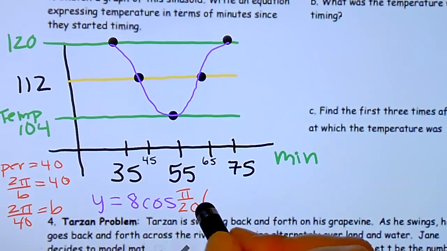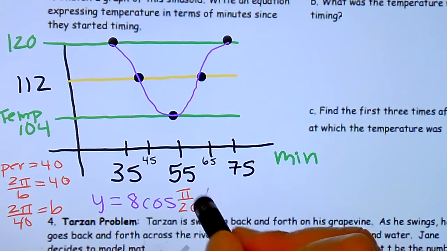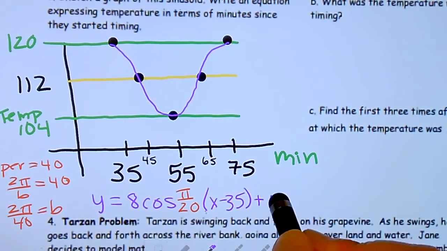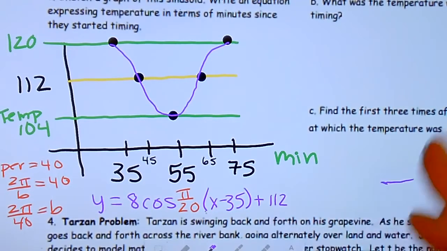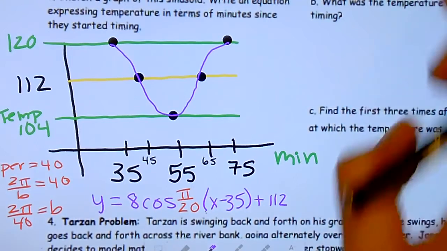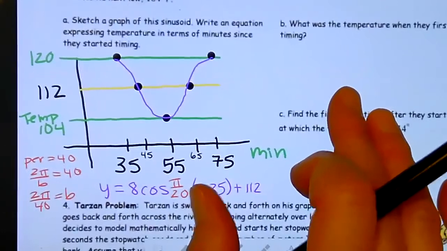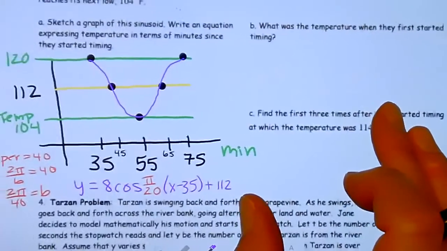So I'm going to go x minus 35. And then plus my 112. So that's my equation. So then it says, let me just move this. Then it says, what was the temperature when they first started timing?